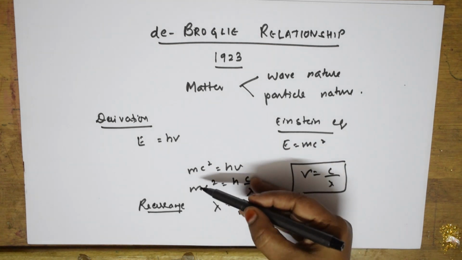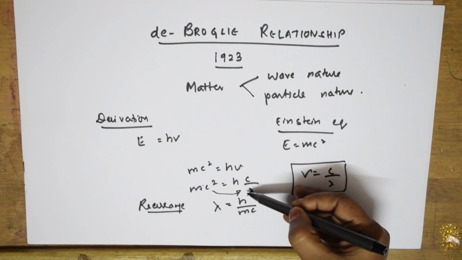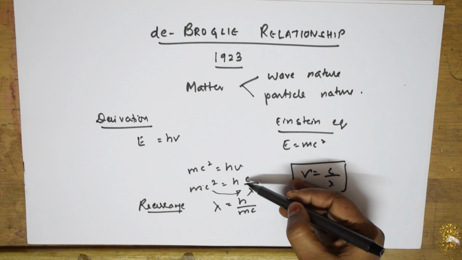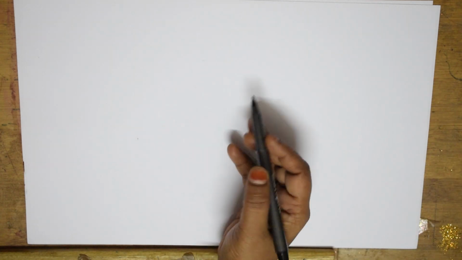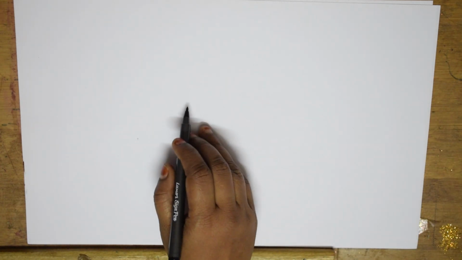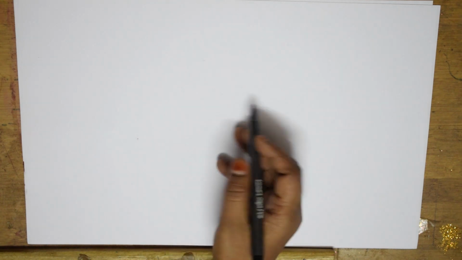Now what happened here? When you take this mc out, this c and the c get cancelled, so I'm left with lambda equal to h by mc. Now the same thing: de Broglie pointed out that you can apply the same equation to material particles also.